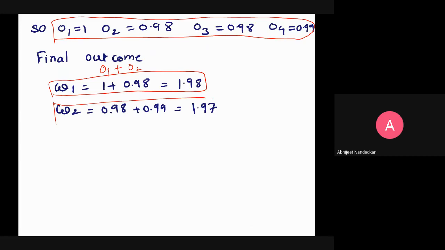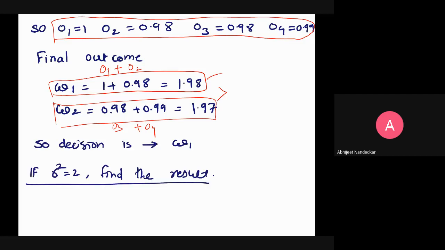For omega 2, we need to add O3 and O4. We add these and find that 1.98 is greater than 1.97, so the decision is omega 1. This is how the Parzen parallel implementation works, called PNN.